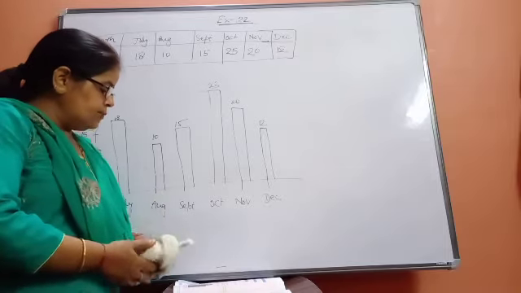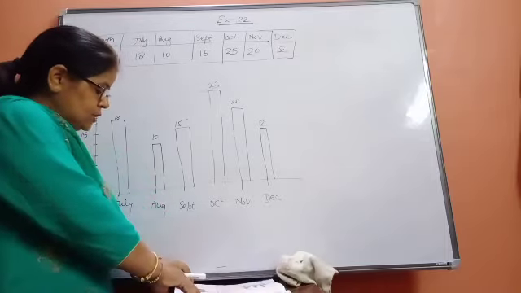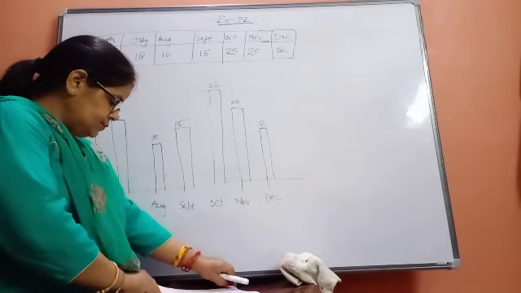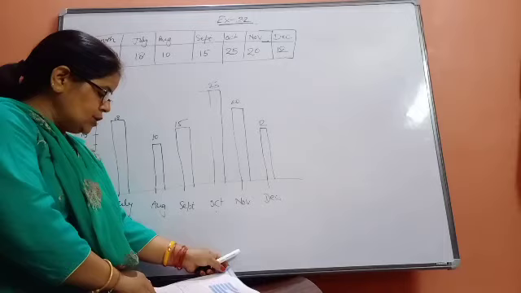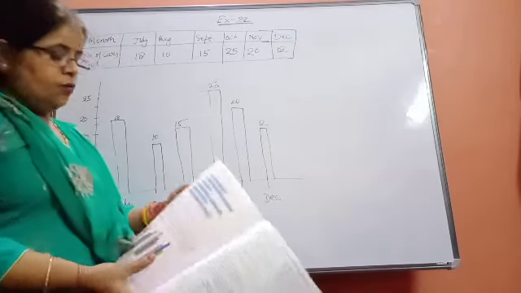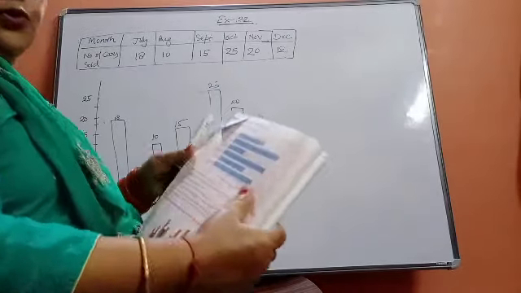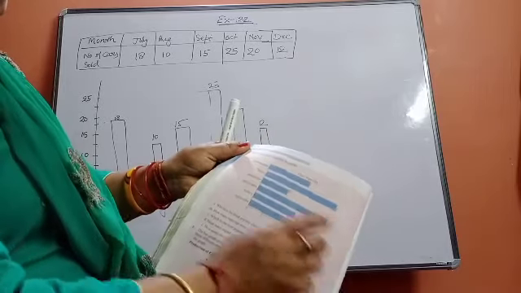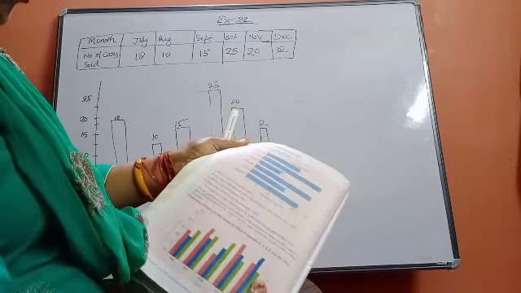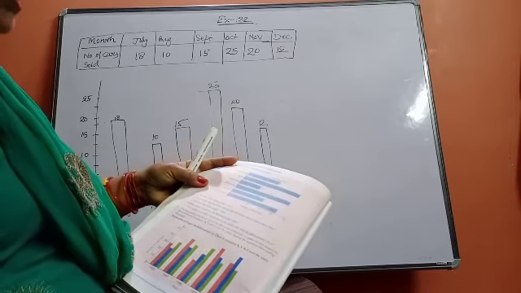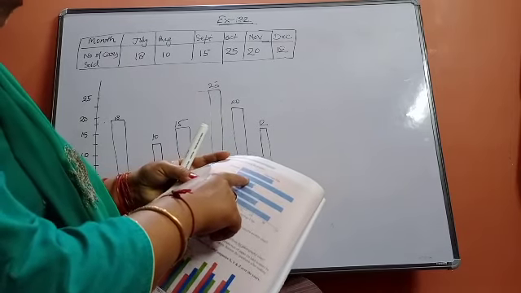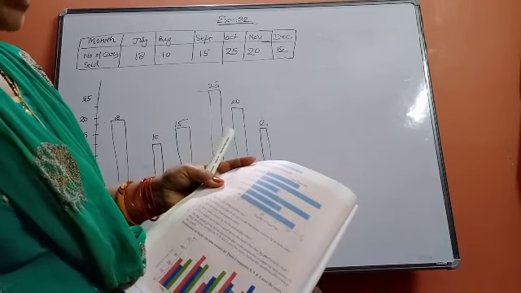And question number 3: answer the question regarding the graph. You can see that this graph is given to you. Which is the most popular class?